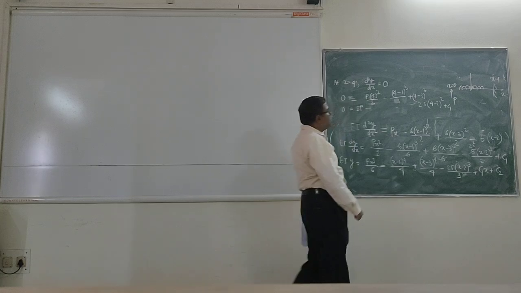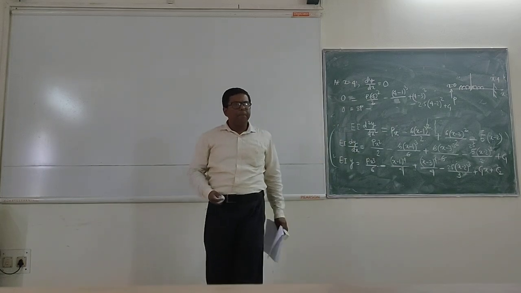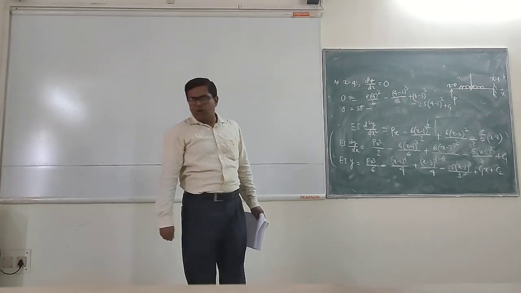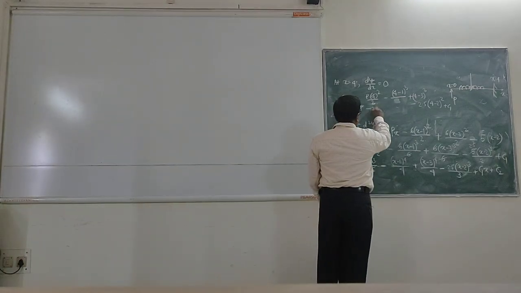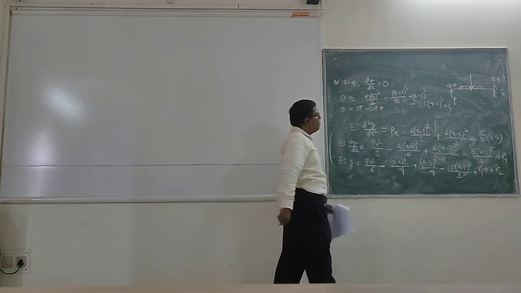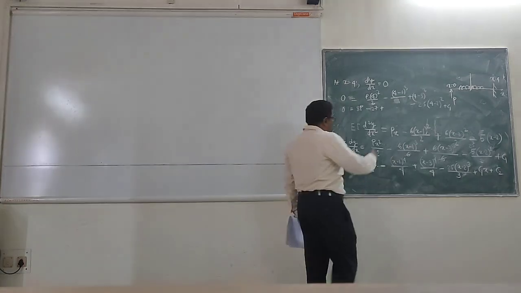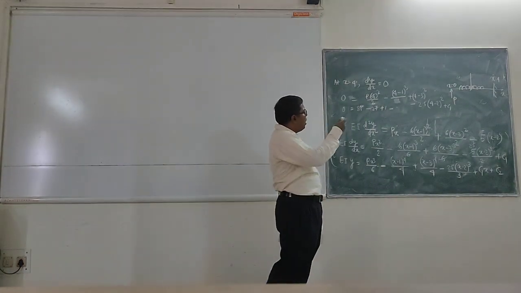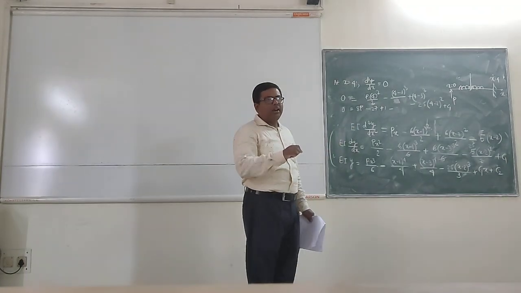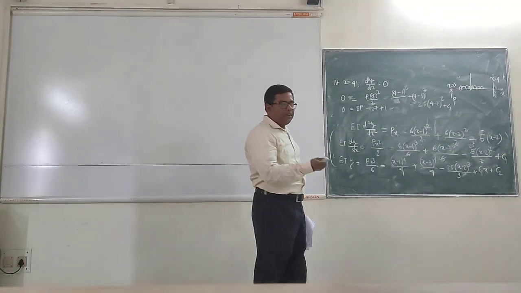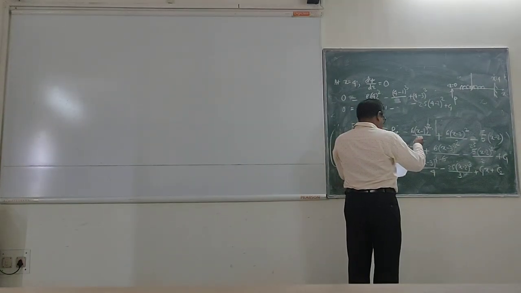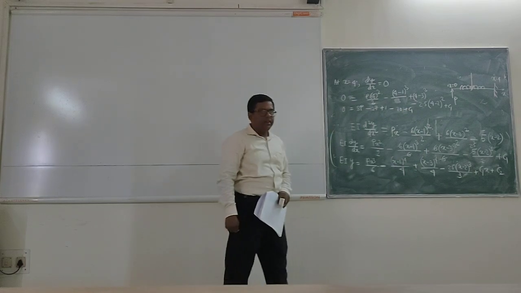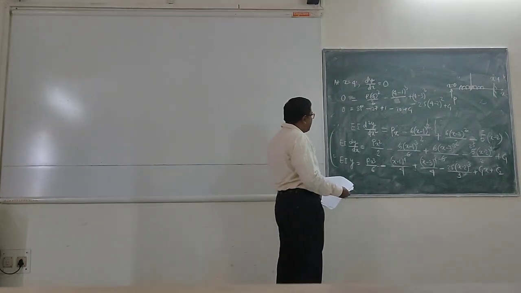Minus (4 minus 1) whole square: how much will it come? 4 minus 1 is 3, 3 squared is 9, minus 9, plus 1, how much? 1, minus 2 square into 2.5, it will come 10, right? So it is 10 plus C1, right? So what will be the equation now?